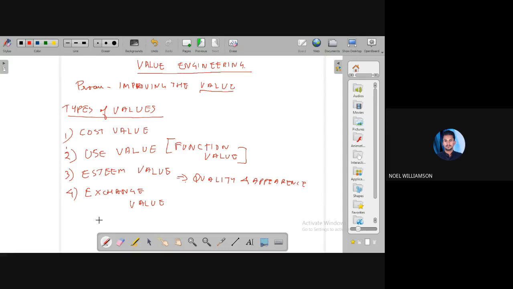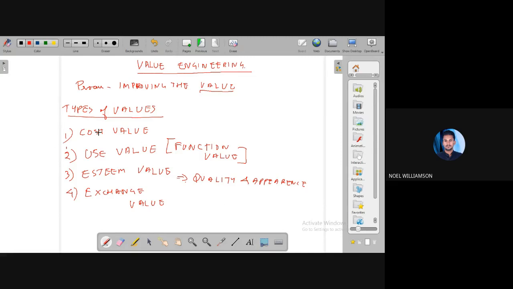But the Chevrolet we will not be getting, due to many reasons, due to the lack of servicing or the spare parts or anything extra. But there is an exchange value for the Maruti product, so people go for the products which have greater exchange value.